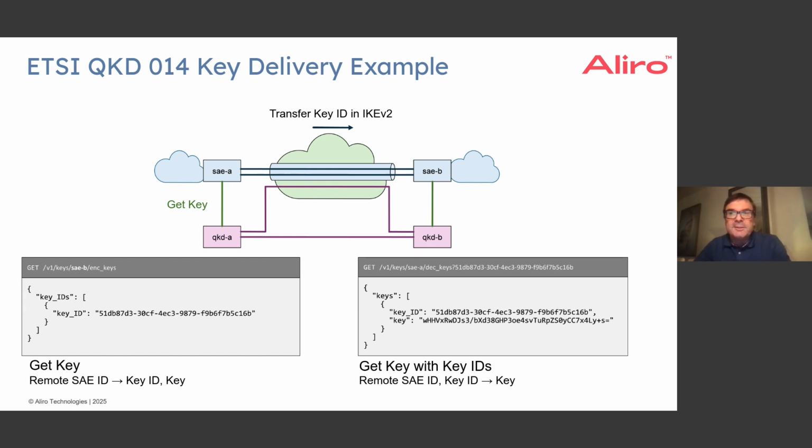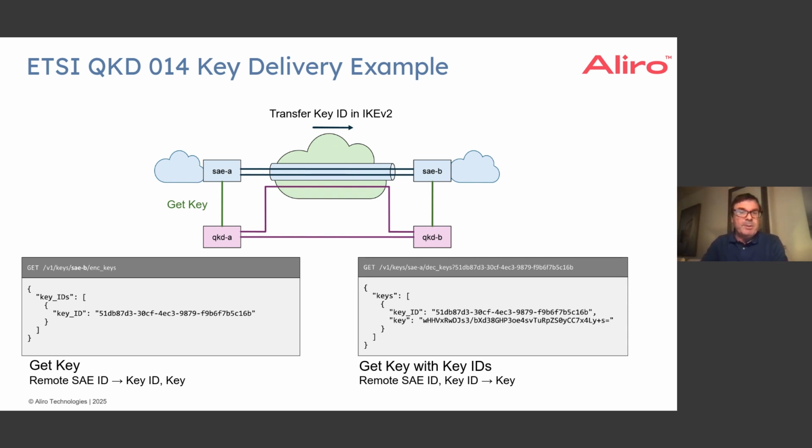And the flow of messages is as follows. The IPsec gateway on the left first requests a key from the co-located QKD device using what's known as a GET key request. The GET key request returns the actual key value, which is secret, and the key identifier, which is public.